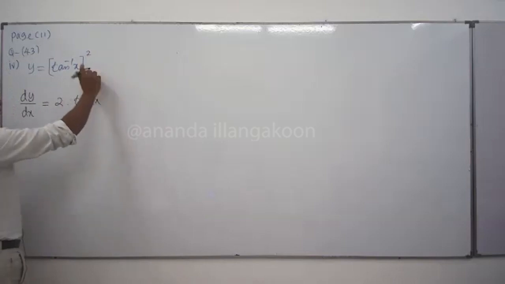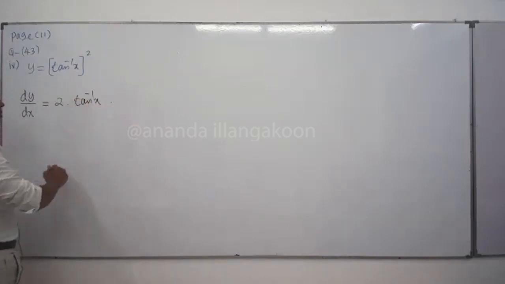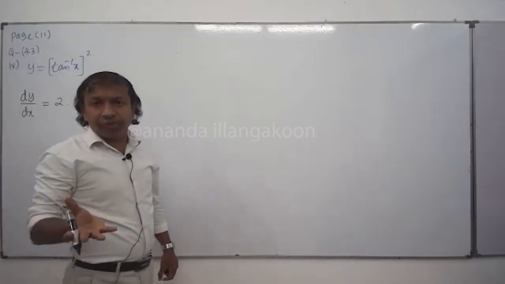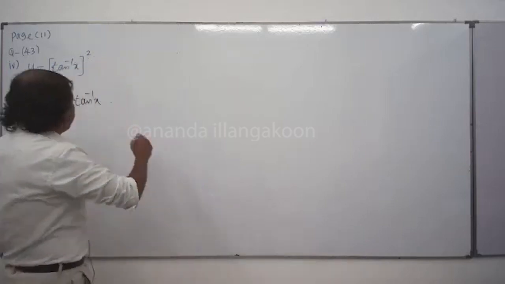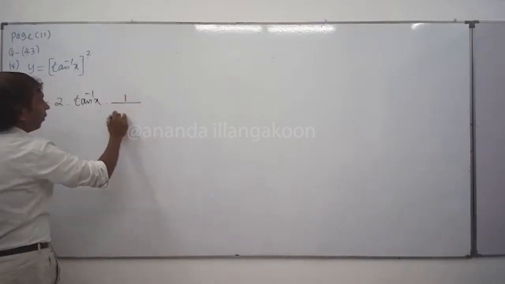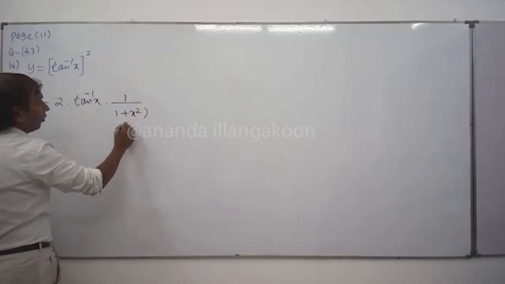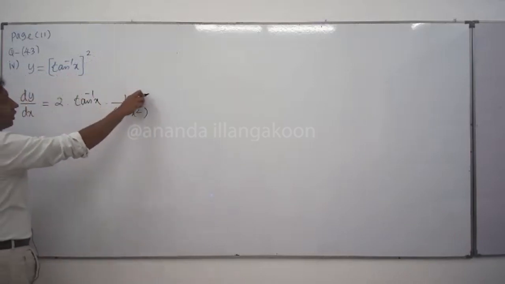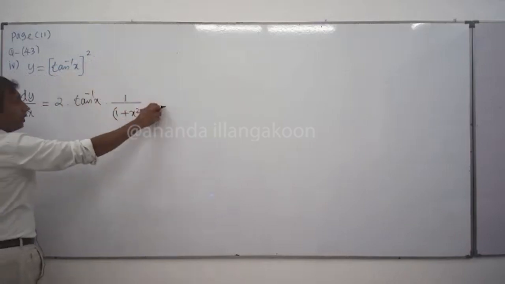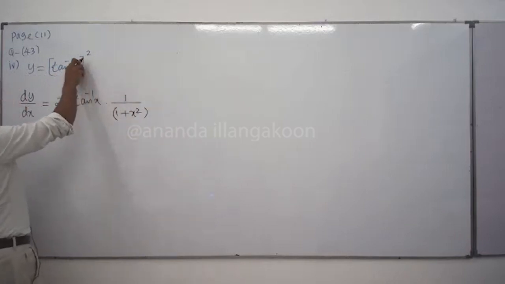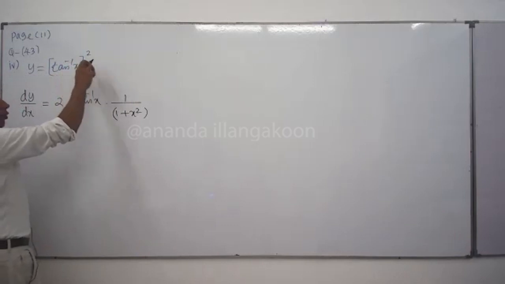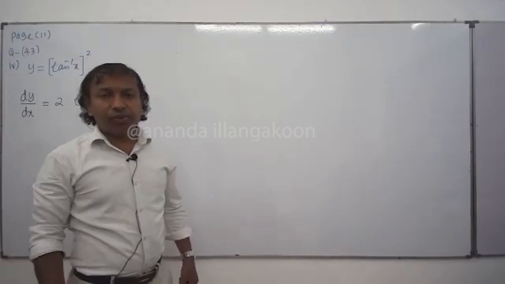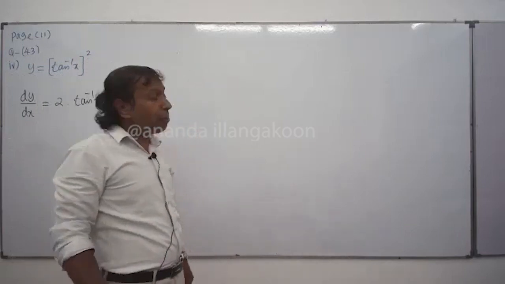Now, so far we have differentiated this power. Now that should be multiplied by the derivative of tan inverse x. People, the derivative of tan inverse x is 1 over 1 plus x squared, right? 1 upon 1 plus x squared. So this is the first derivative. Thereafter, we have to multiply this also by the derivative of this x. But the derivative of x is 1. That is why we don't mention that there, because when you multiply by 1, the same answer comes, no?